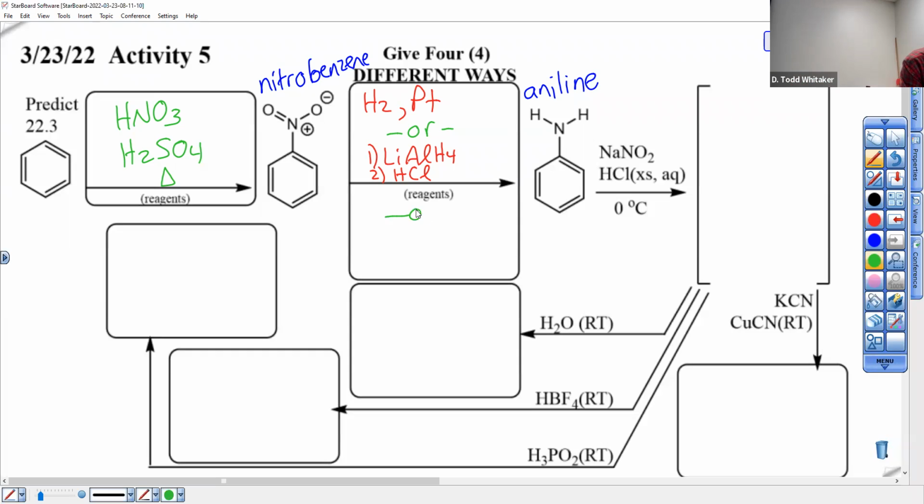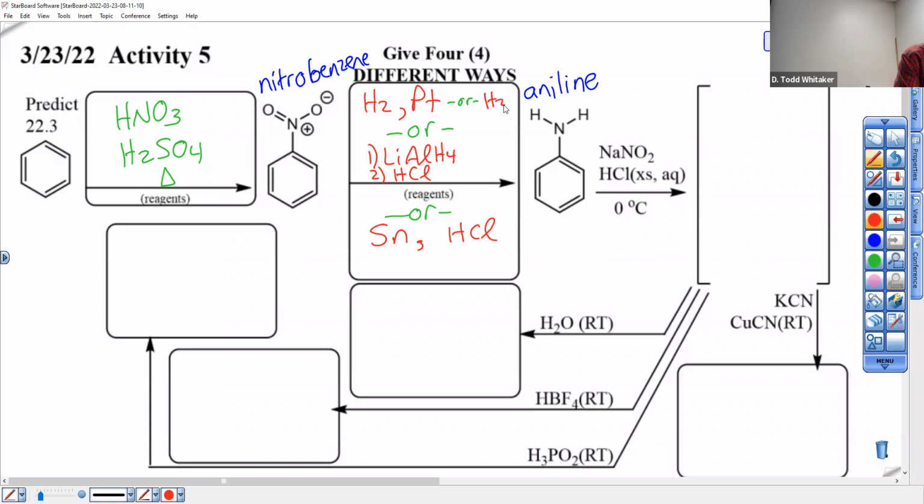There's a couple others you have to know. One's an interesting one where tin metal and HCl are used. I'm going to edit the first one, which really is going to give us 5 choices, but it's really similar.